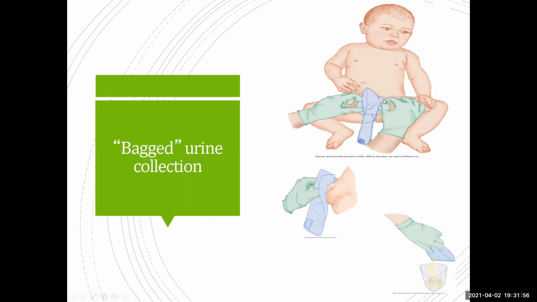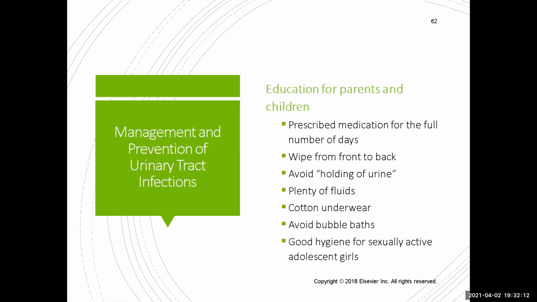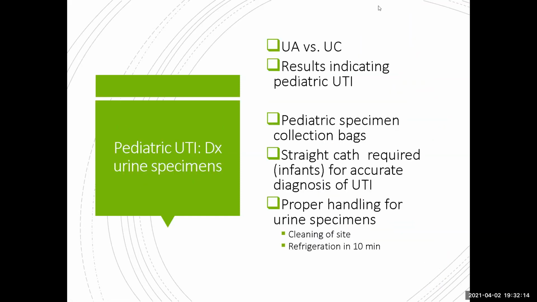It used to be we would keep trying, clean it all off, reapply it, and pretty soon the baby's skin is getting raw from this bag going on and off. So really, if you want this urine culture, you're going to ask for a straight cath.